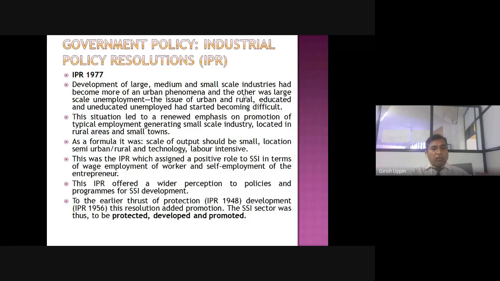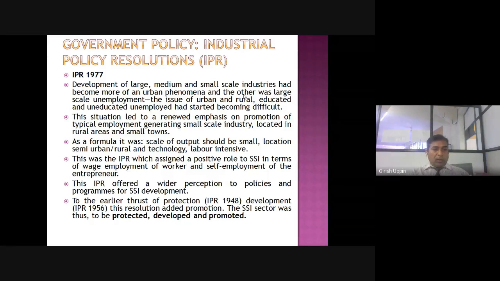This was the IPR which assigned a positive role to SSI in terms of wage employment of workers and self-employment of the entrepreneur. So this IPR helped many people who are interested in self-employment and being an entrepreneur. This IPR offered a wider perception to policies and programs for SSI development. So it re-emphasized the SSI development, especially in rural and semi-urban areas.